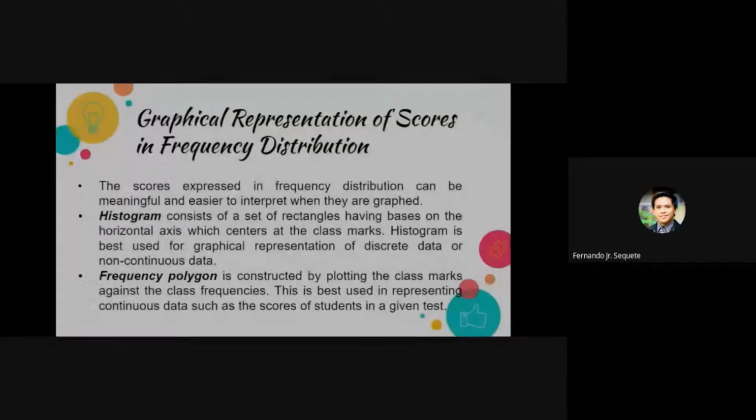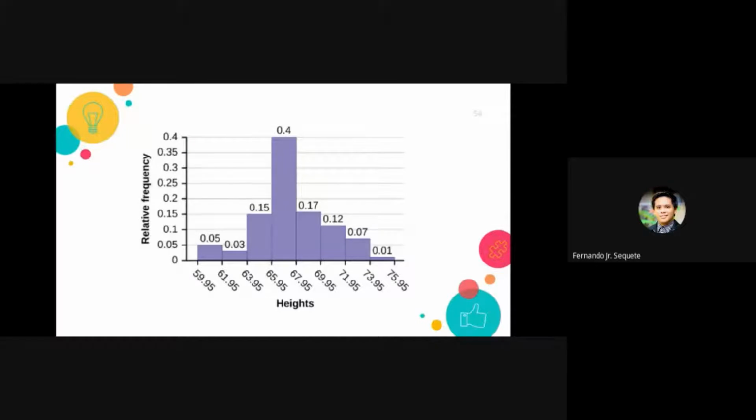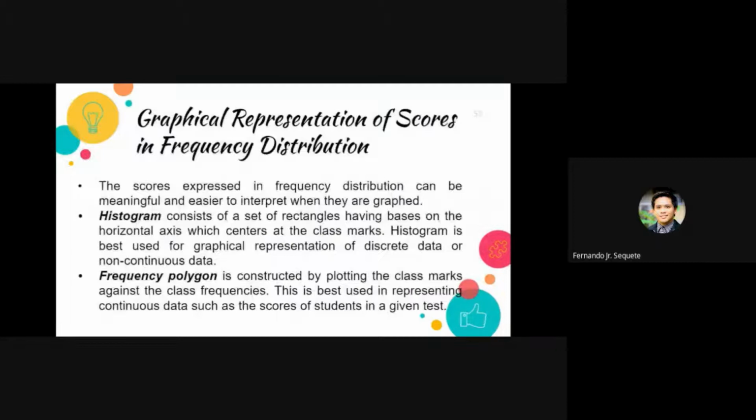Okay, let's look at an example of a histogram. By the way, children, this is an example of a histogram. The description given was rectangles, so these are your rectangles, colored blue or violet depending on your screen. Please take note that according to our description, the rectangles have bases on the horizontal axis, centered at the class marks.